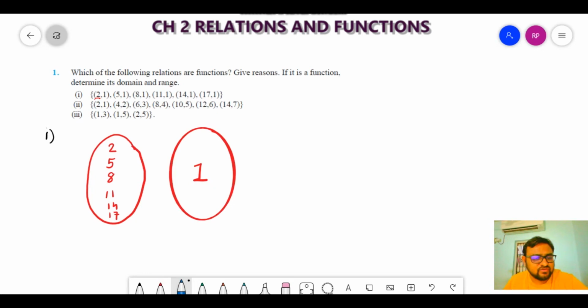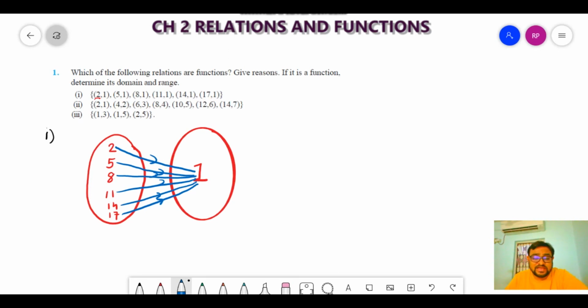Now if I take the relation, 2 is related to 1, 5 to 1, 8 to 1, 11 to 1, 14 to 1, 17 to 1. So now see here, every element of the domain is having only one image.